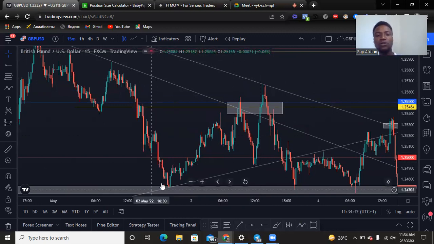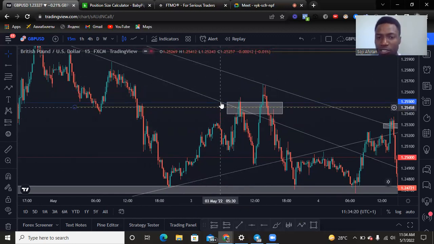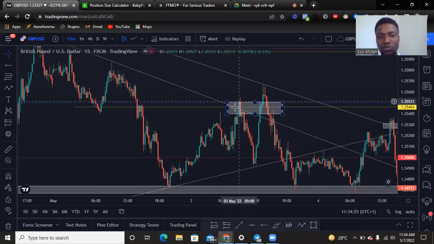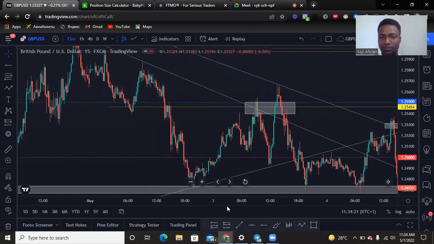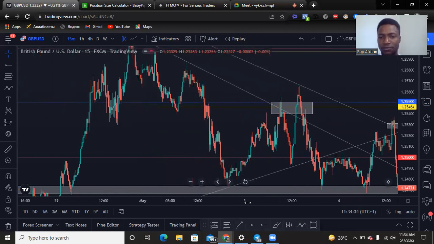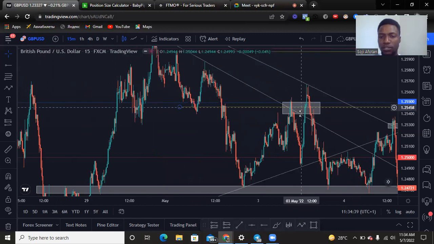When the market got to these points, it pushed up. We had the high of the low of the week, a psychological level, and a trend line. Then we had multiple rejections, and then we took this trade. Now, if you look at this particular setup, look at these points. Let me take this one a bit high.